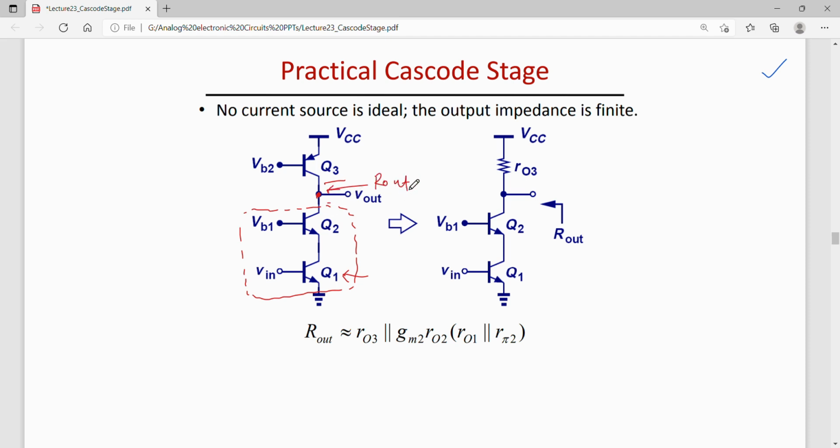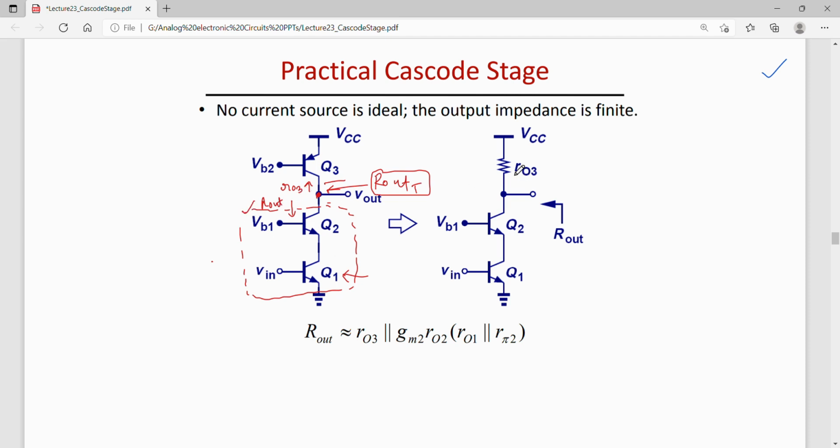Let us say total R out T. For this cascode pair, we have already found the output impedance R out. And for this Q3, looking into the collector, we know that the impedance is RO, since it is Q3, so I'll say RO3. So the total output impedance of this circuit would be the output impedance of this cascode, which we have already calculated, in parallel with RO3.